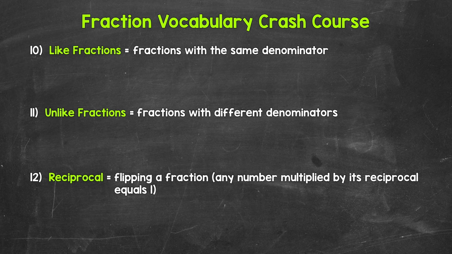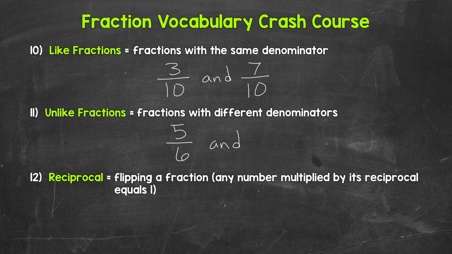Like fractions are just fractions with the same denominator. So for example, we would say that 3/10 and 7/10 are like fractions. Unlike fractions are fractions with different denominators. So 5/6 and 1/2 are unlike fractions.